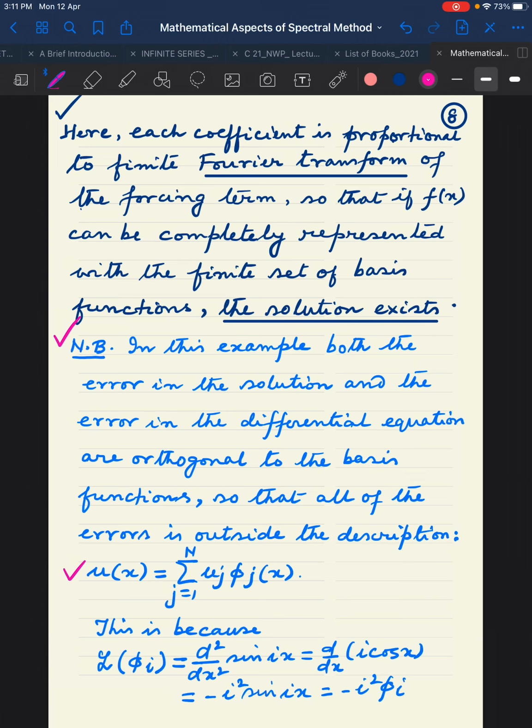Let me explain a bit more why it is happening. Look at this line: L phi_i is actually d2/dx2 of sin(ix), which is ultimately equal to minus i squared phi_i. So when you operate the operator L on phi_i, you get minus i squared phi_i.